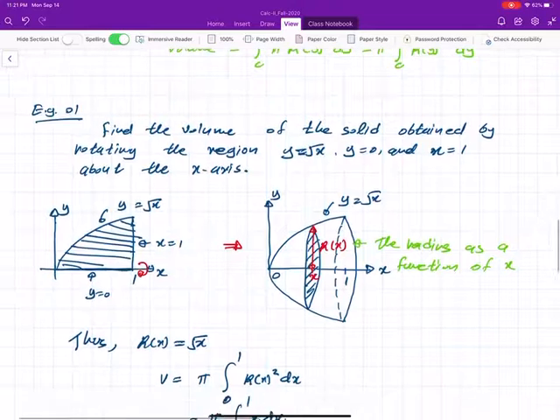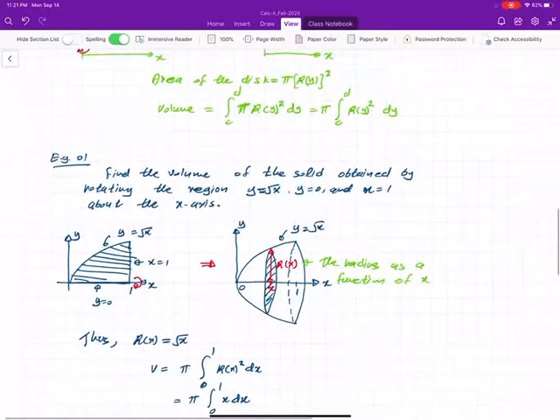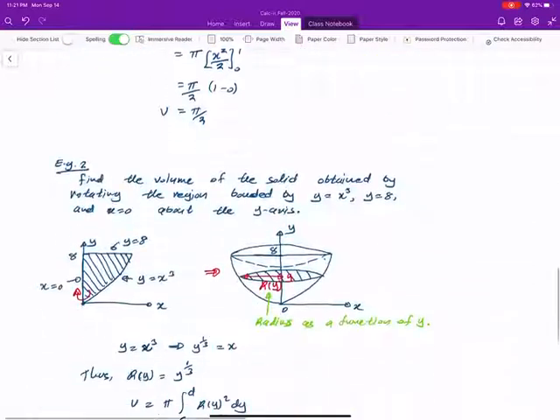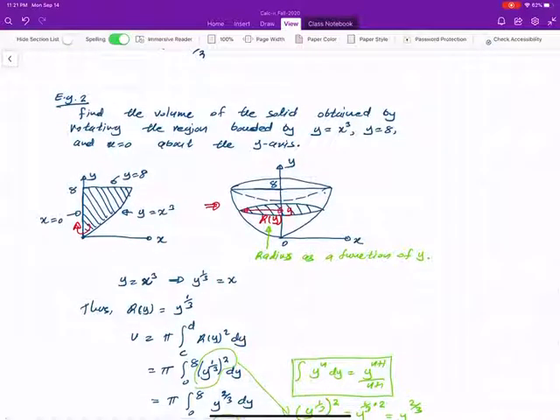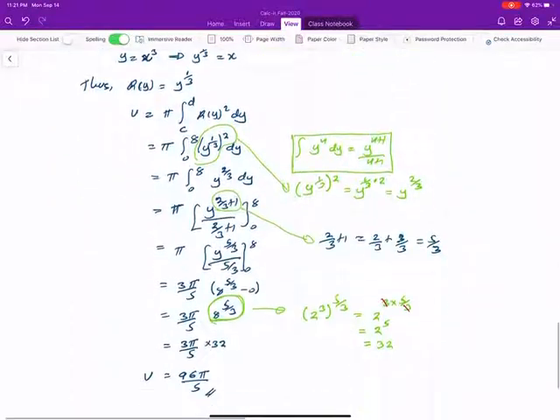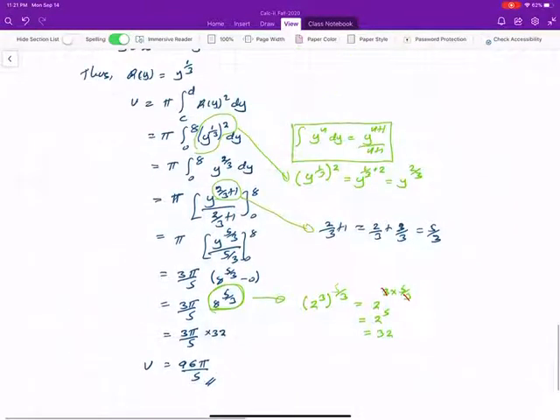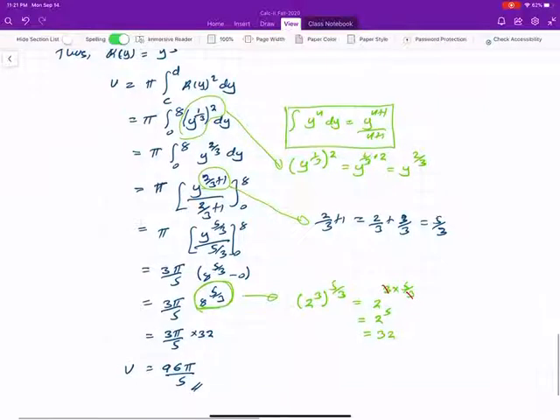We discussed one problem where the cross-sectional area is perpendicular to the x-axis, and then we moved to the next case where the cross-section is perpendicular to the y-axis. That's the end of the section, and then we can learn about the next method in the next class.